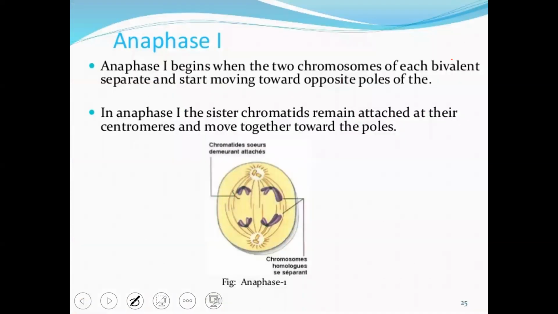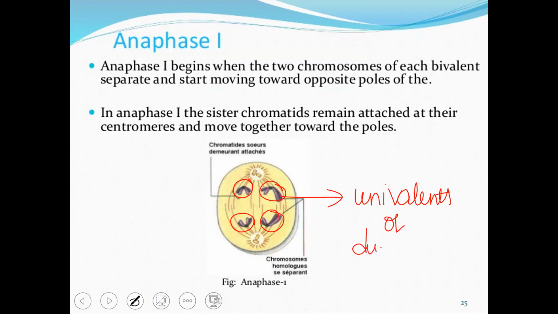So you can see here how they are moved towards the opposite poles with the help of the spindle fibers, and they are called as univalents, or they are also called as dyads. Because each of them has two chromatids which are attached to a single chromosome. So in anaphase stage, the chromosomes are double-stranded.